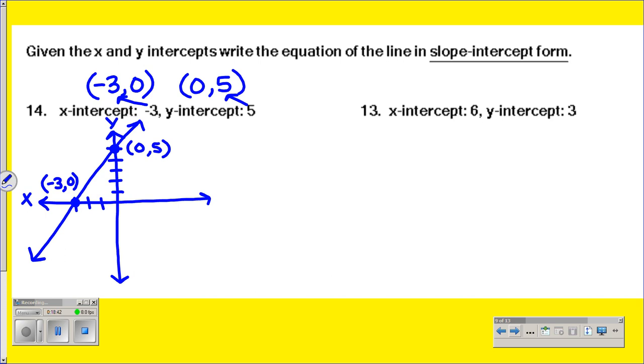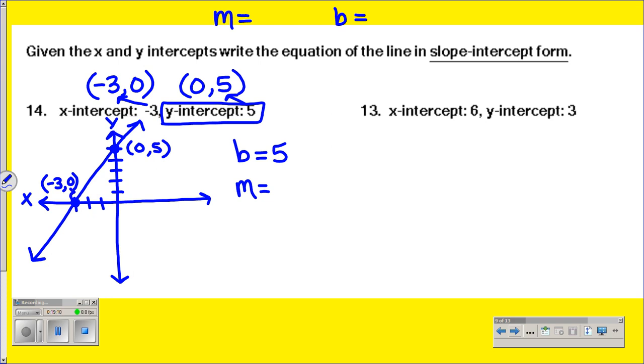Now remember what it takes to write an equation in slope-intercept form. The two numbers we need to know are our slope m and our y-intercept b. Notice they are telling us that our y-intercept equals 5, so we know that the b value is 5 in the equation. The only thing missing is our slope. Since I've drawn a picture of my graph, I could count my rise over run.